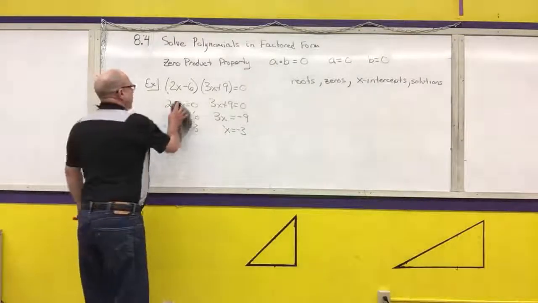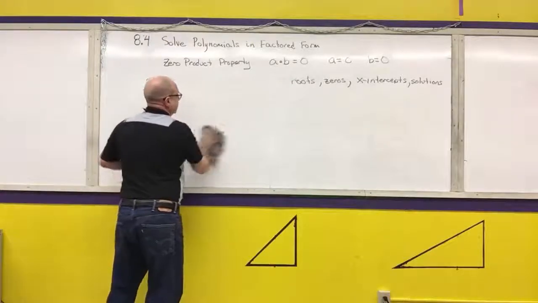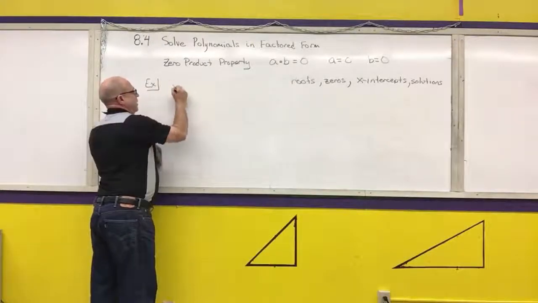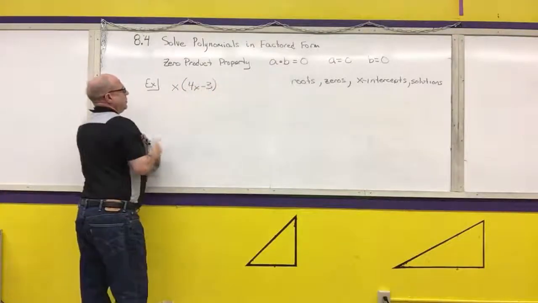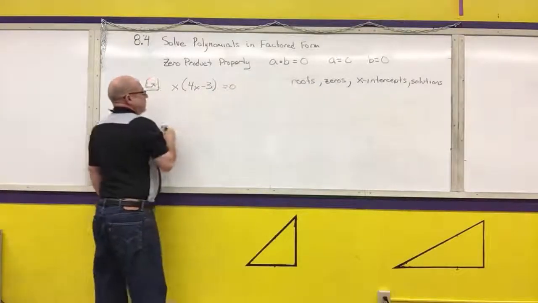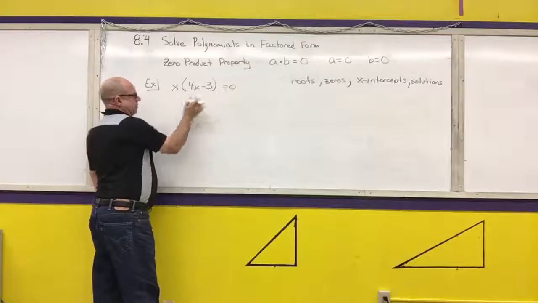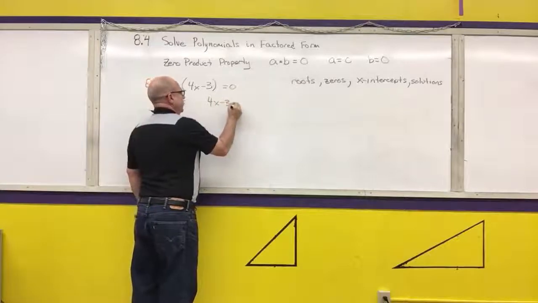I'm going to do one more example like this. x times 4x minus 3 equals 0. Well, I have x times this, so that means x is equal to 0, or 4x minus 3 is equal to 0.